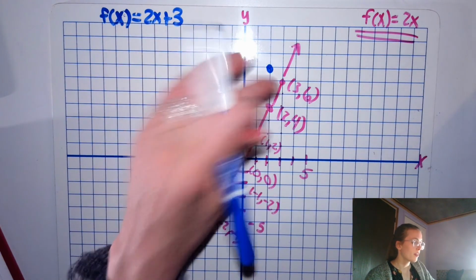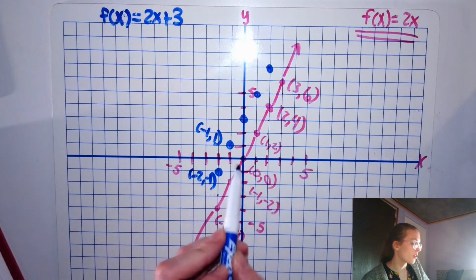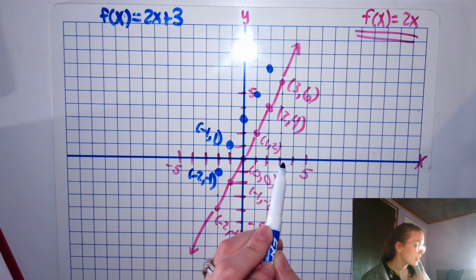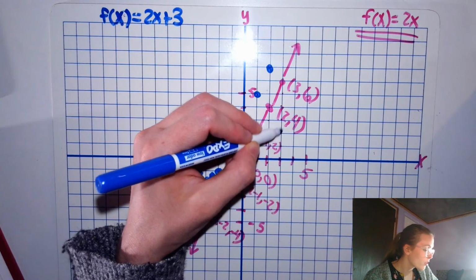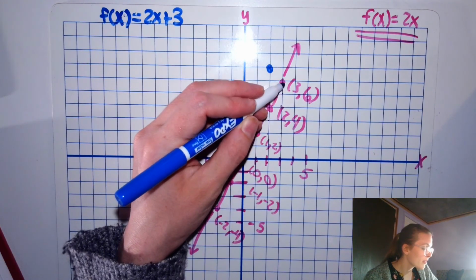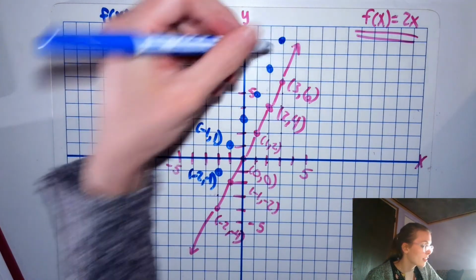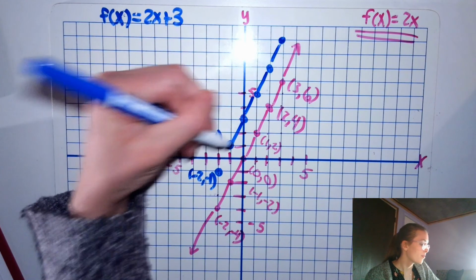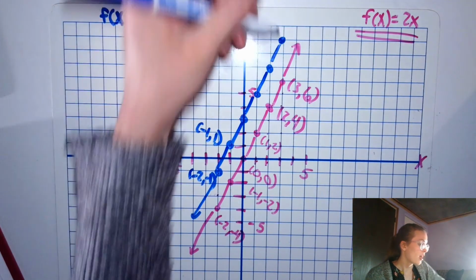Okay? And then we've got one more. We've got x is 3 and y is 9. So you go over 1, 2, 3 on the x-axis, and then up to 9 on the y-axis. So we'll go 1, 2, 3, 4, 5, 6, 7, 8, 9 on the y-axis. Okay, now we'll connect these. And those are the two lines.